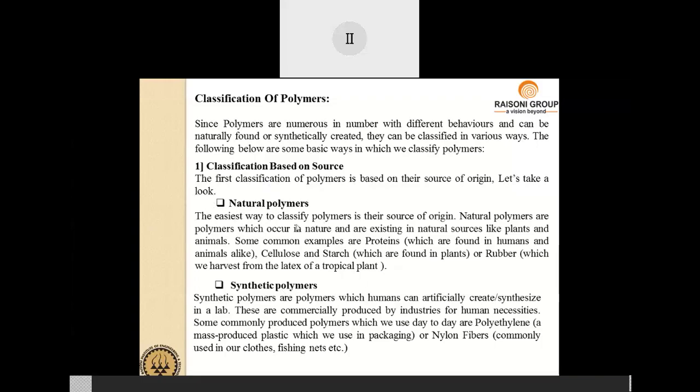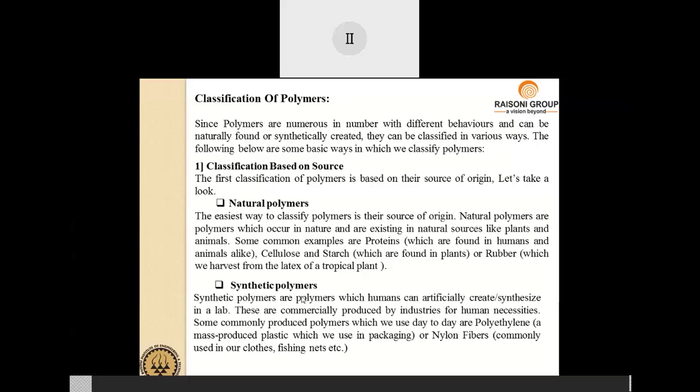The easiest way to classify polymers is their source of origin. Natural polymers are polymers which occur in nature and exist in natural sources like plants and animals. Those polymers which are naturally available from different types of plants and animals are known as natural polymers.